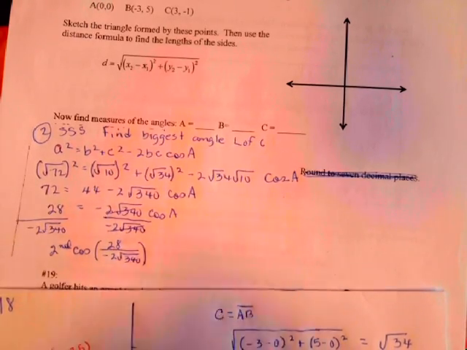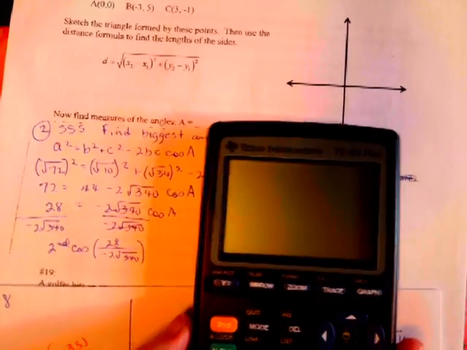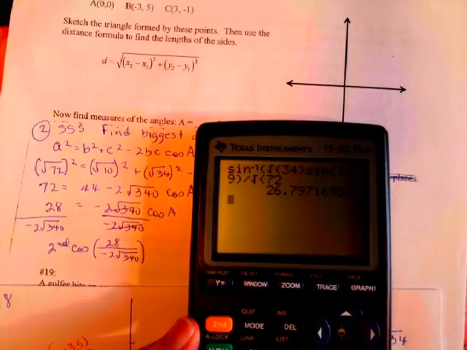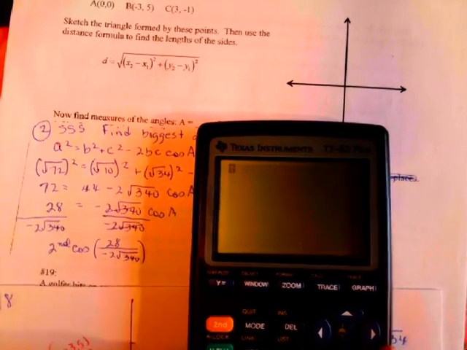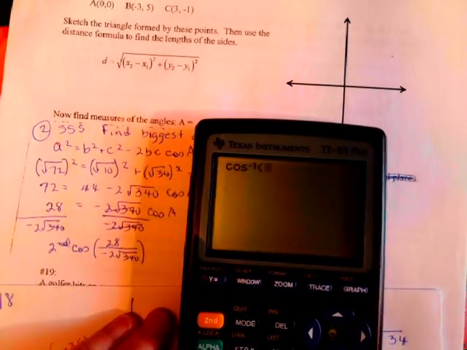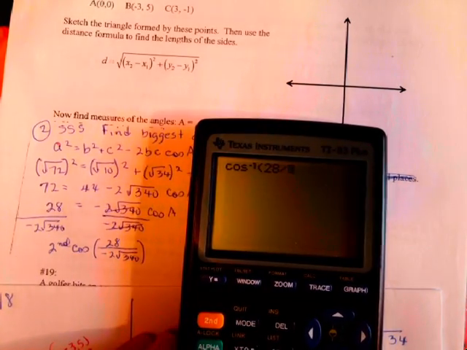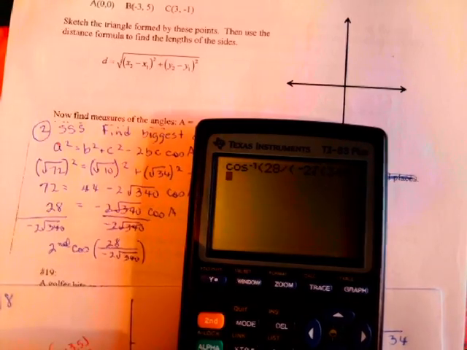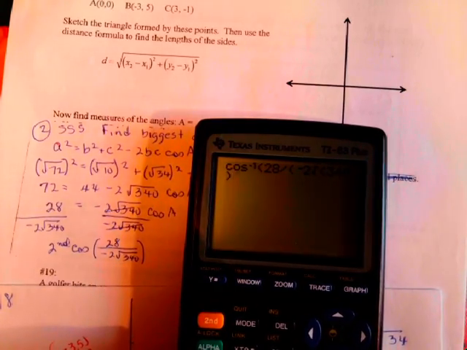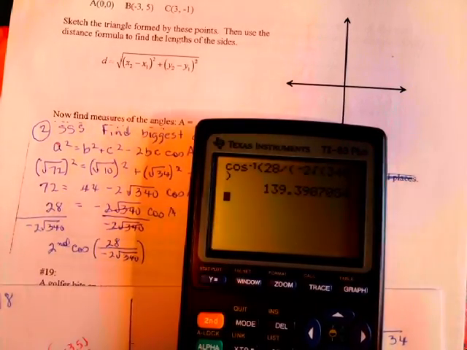Let's put that in our calculator. Second cosine, 28 divided by, open parentheses, negative 2 times the square root of 340, close parentheses, got 139 degrees.